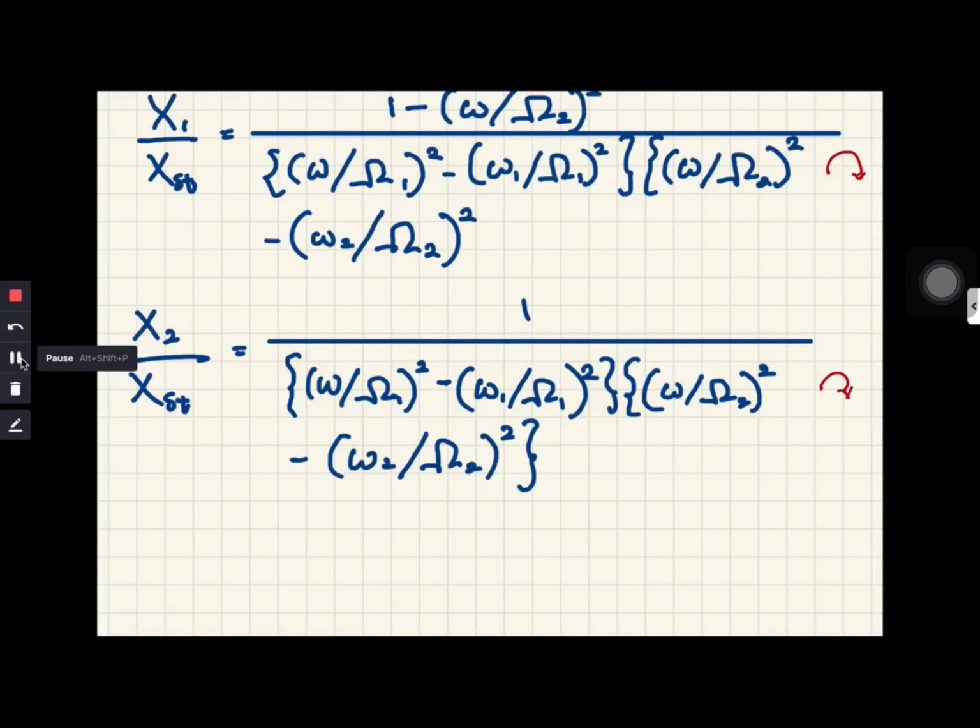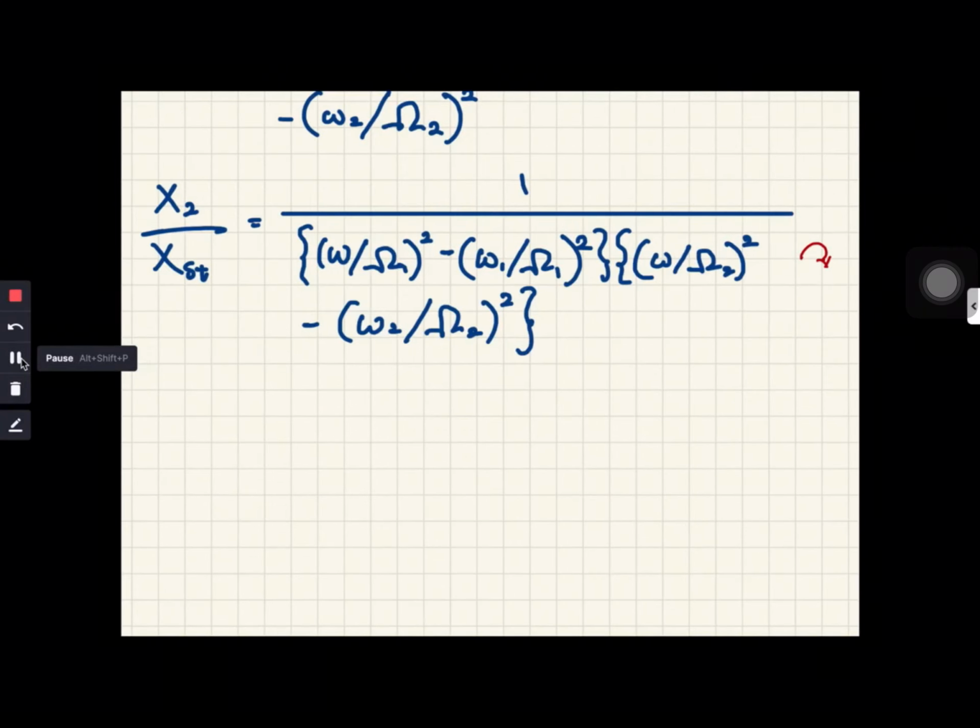Okay, so we have those two equations. If we assume certain parameters, I'm going to show you the relationship between X1 over Xst and X2 over Xst, we'll look later on.